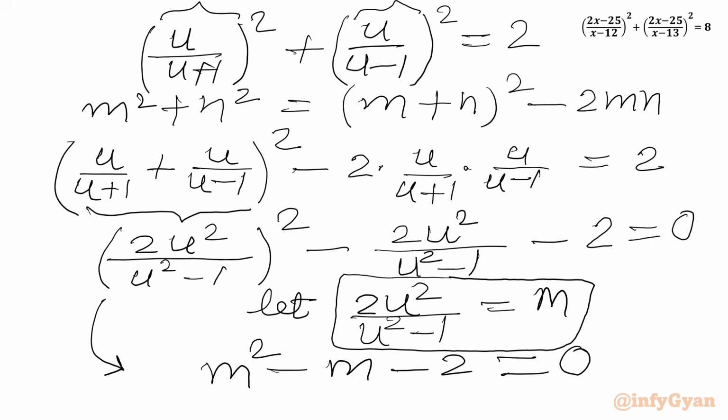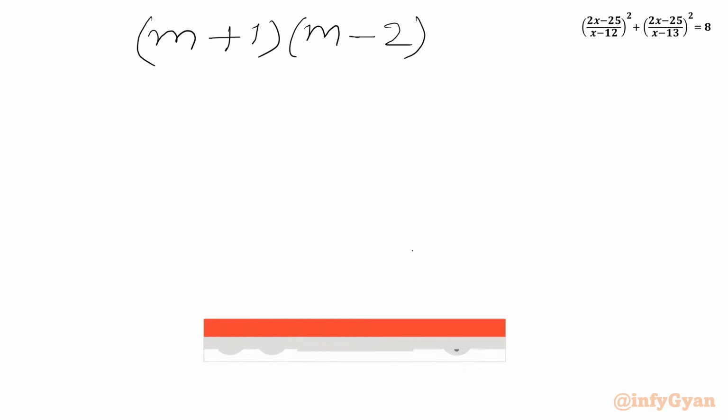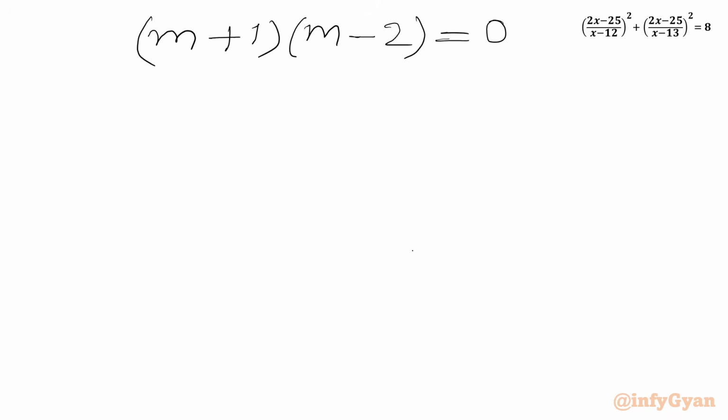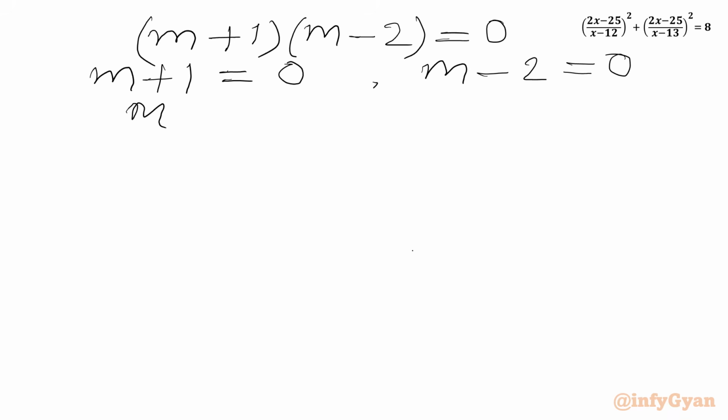Now we have to factor this quadratic equation, which we can factor and write m plus 1 times m minus 2 equal to 0. Using product 0 rule, we will get either m plus 1 equal to 0 or m minus 2 equal to 0. From here we will get m equal to negative 1, and from here we will get m equal to 2.